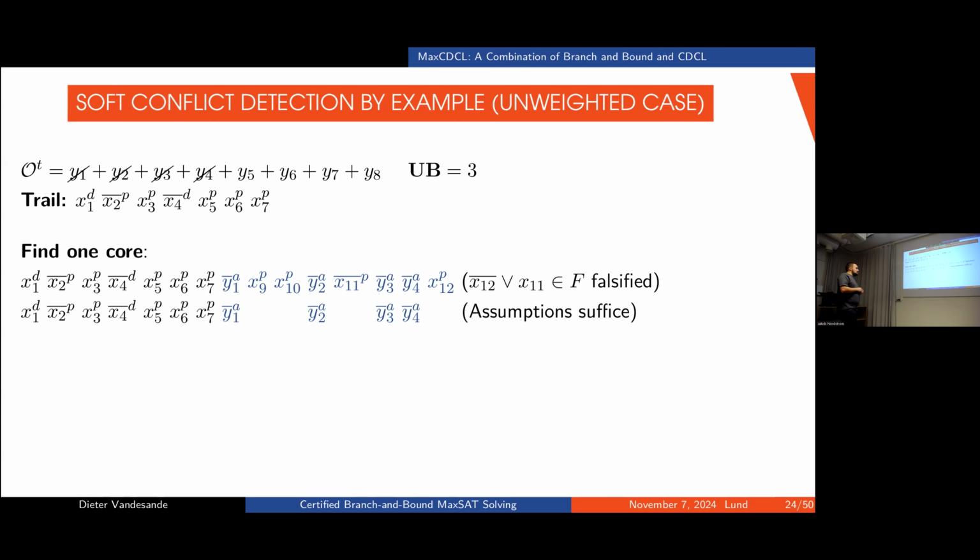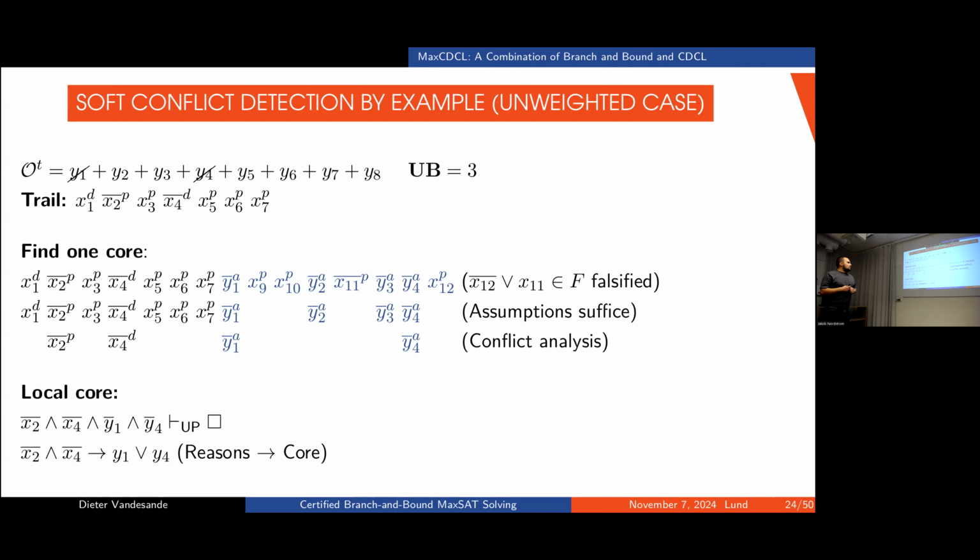That means that given the current partial assignment, assigning y1, y2, y3, and y4 false at the same time gives us a conflict. By using conflict analysis, we can see that given this part of the current partial assignment, y1 and y4 cannot both be false. So given x2 and x4 being false, one of y1 and y4 needs to be true.